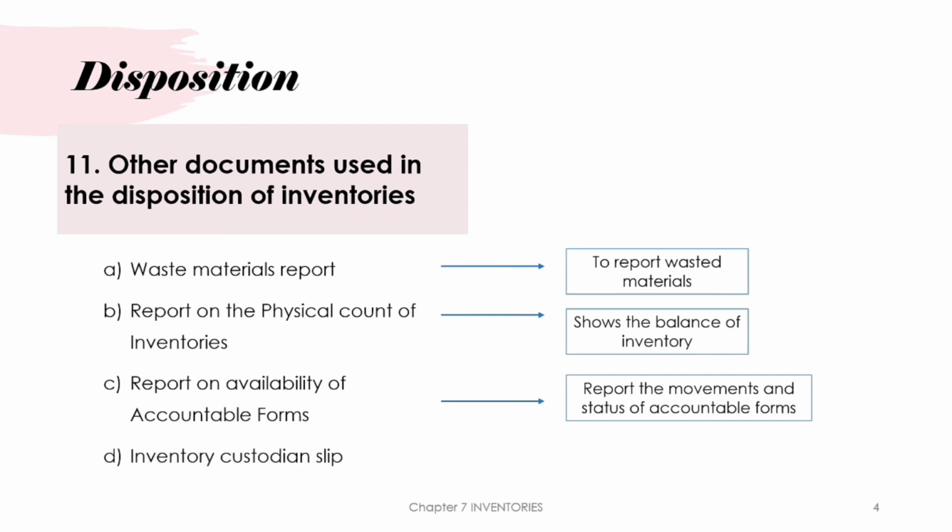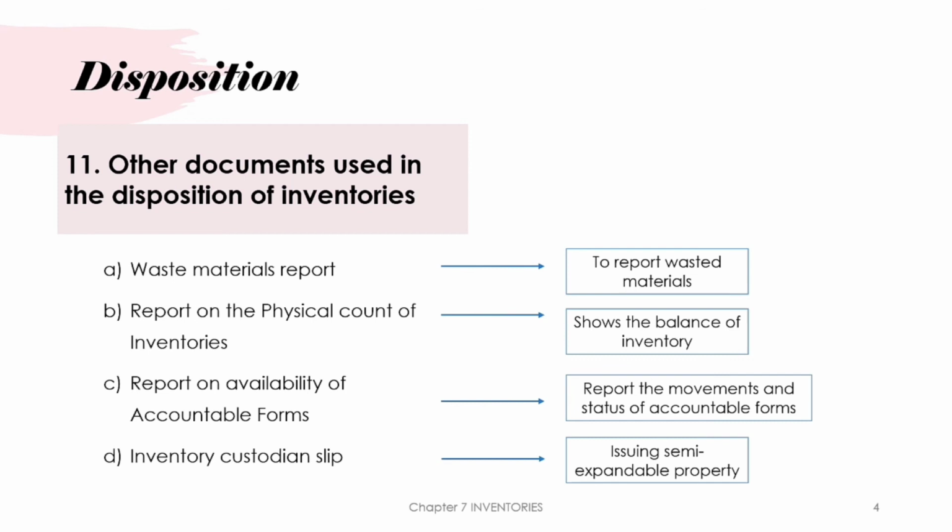And lastly, we have our inventory custodian slip. So this is prepared when issuing semi-expendable property. So the inventory custodian slip is used to issue tangible items amounting to less than 15,000 to establish accountability over them.